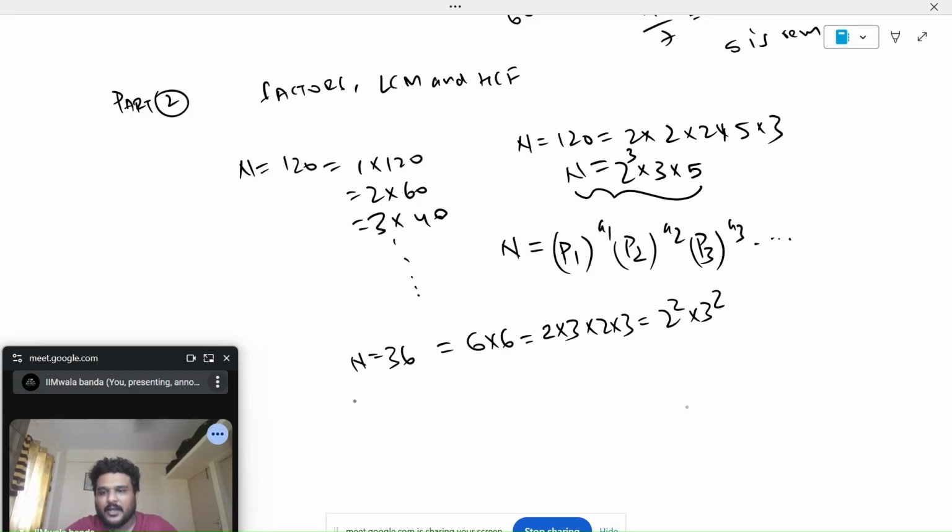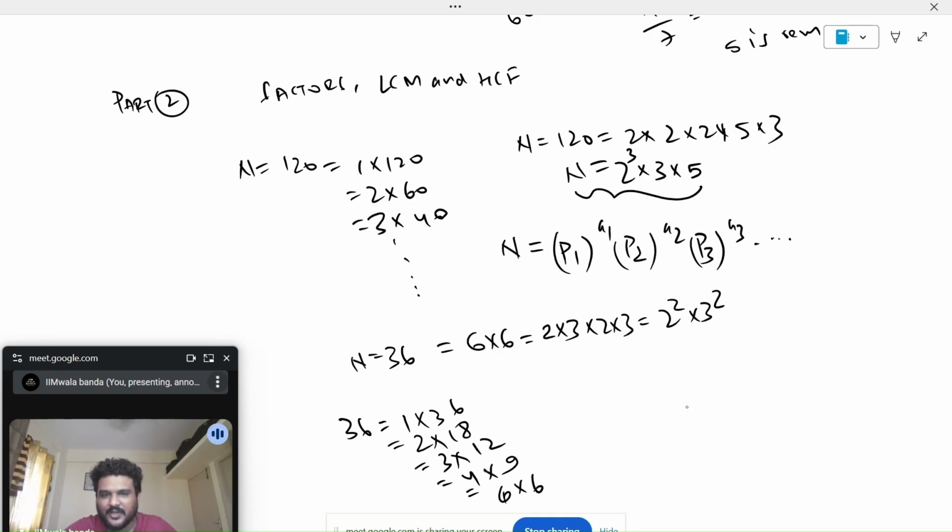All right. Now let's find out the number of factors of 36. So I can say that 36 can be written as 1 into 36, 2 into 18, 3 into 12, 4 into 9, 6 into 6, right?